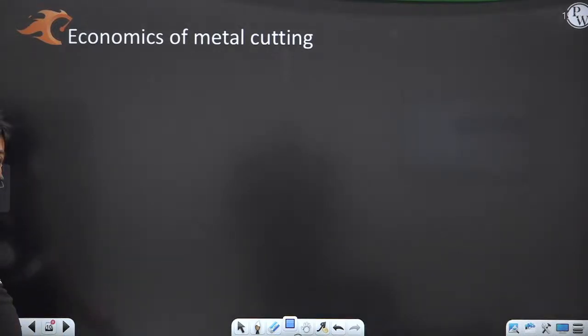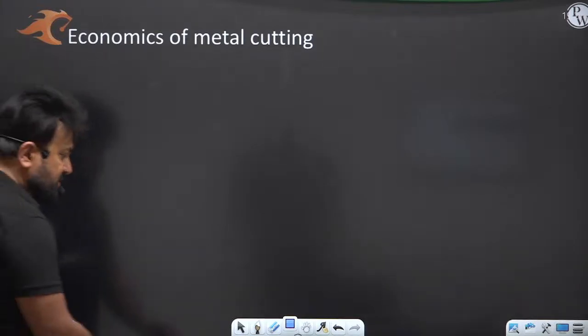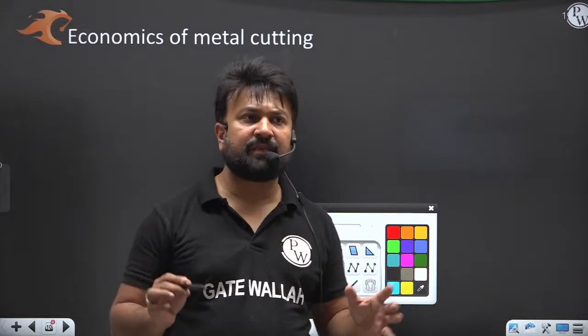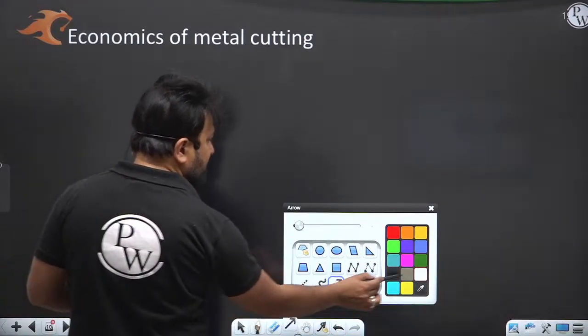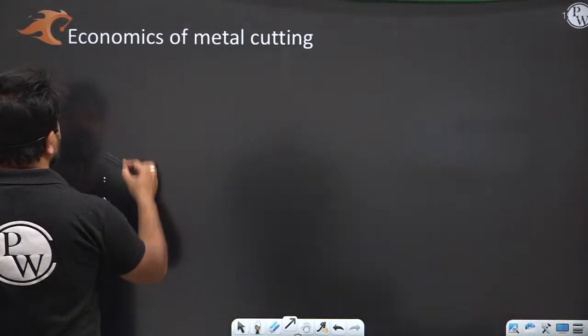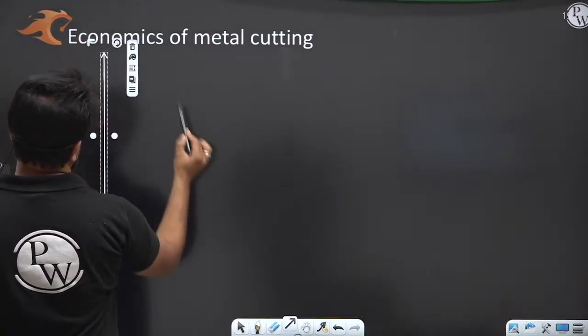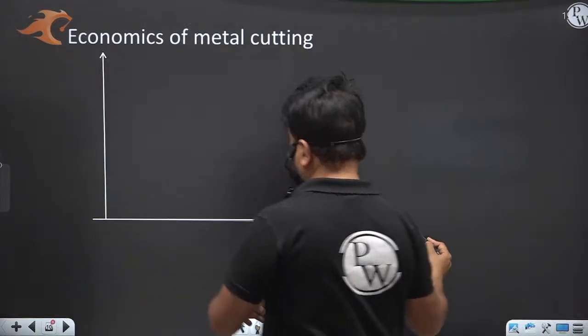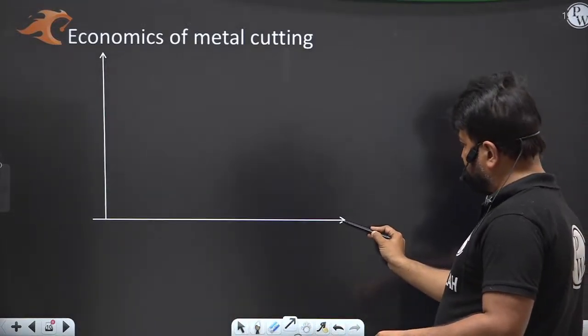Now let's move to the economics of metal cutting. What is the economics of metal cutting? Let me draw the curve. This is the cutting cost, and this is your cutting velocity.